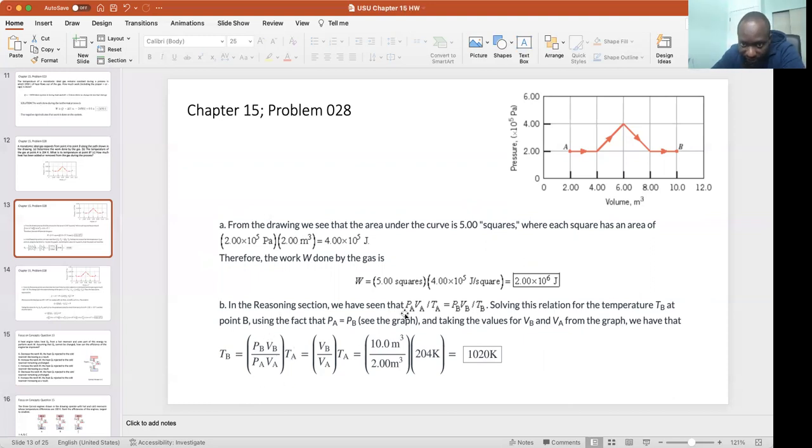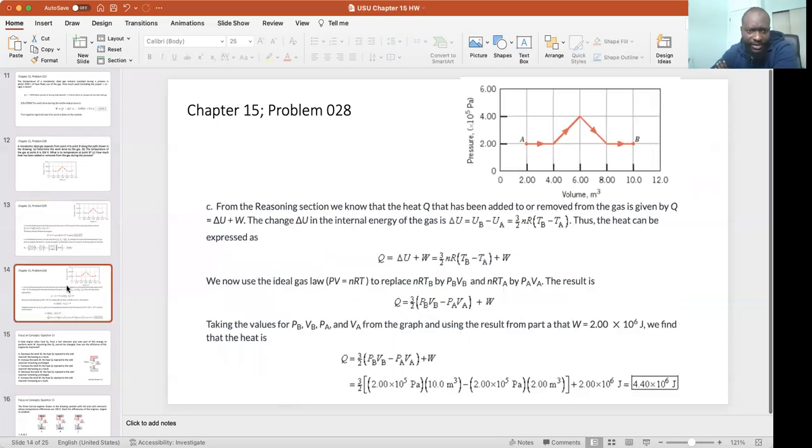That is VB over VA times TA, because the pressure at A and the pressure at B are the same, so those cancel out. I just have VB over VA times TA: the volume at B, 10, over the volume at A, 2, times the temperature, which is given in the problem to be 204 Kelvin. So from there, I get the temperature at B.